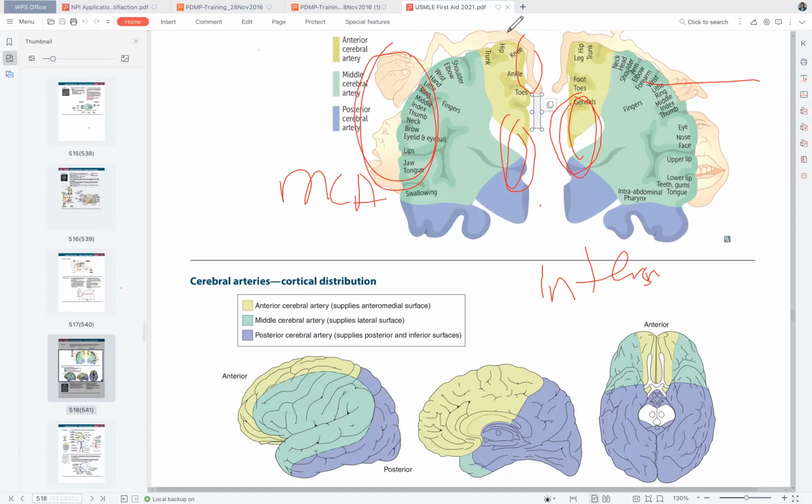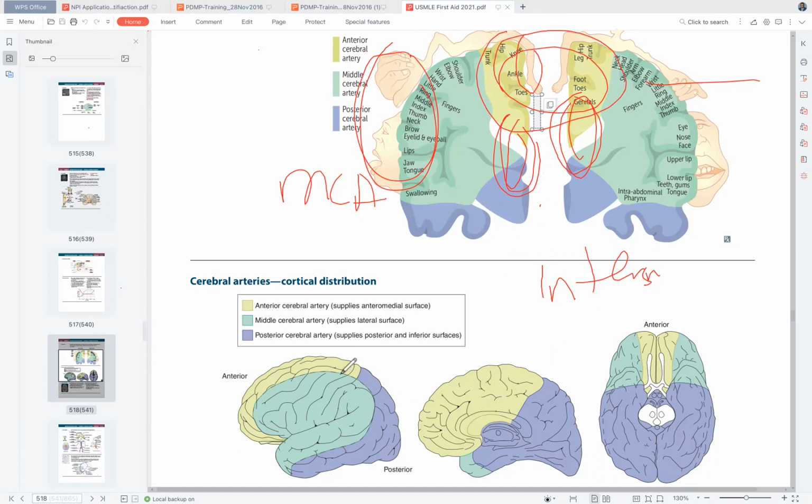Then the anterior cerebral artery area will be for this side. Then over here we'll also have another vessel. I've forgotten the name of the vessel, but we'll see it and talk about it.